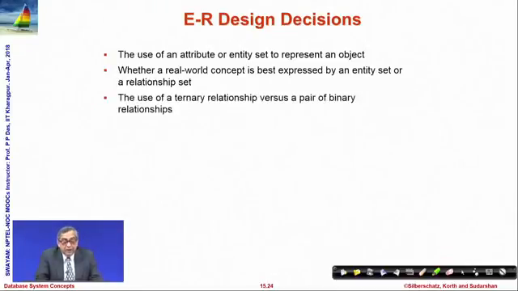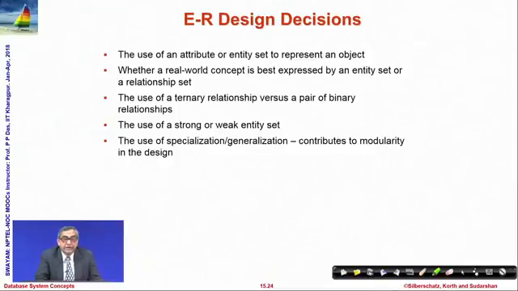The use of ternary relationship versus the pair of binary relationships, this trade off will have to be weighed as a design consideration. We have to look into the use of strong or weak entity set. So, we will have to identify the weak entity sets and see if they should be represented through the identifying relation as against a strong entity set.